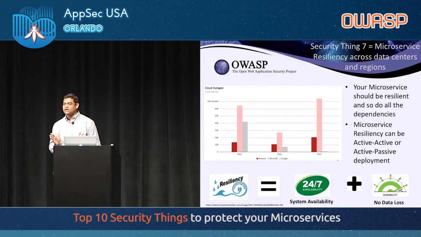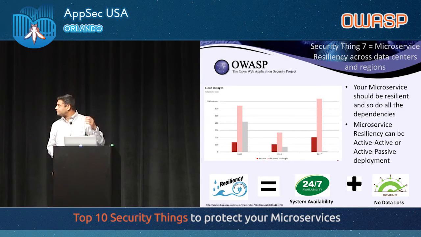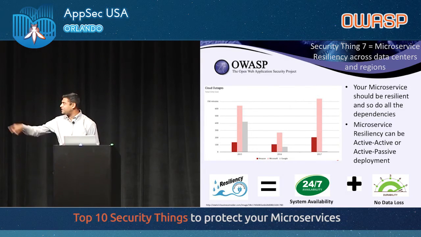Active-active means you are serving your traffic from both regions. And if something happens, like with Route 53, since we use AWS, it will know that this particular region is going down because we are seeing a lot of latency, and it will automatically direct your traffic to the other region. So you can follow that.